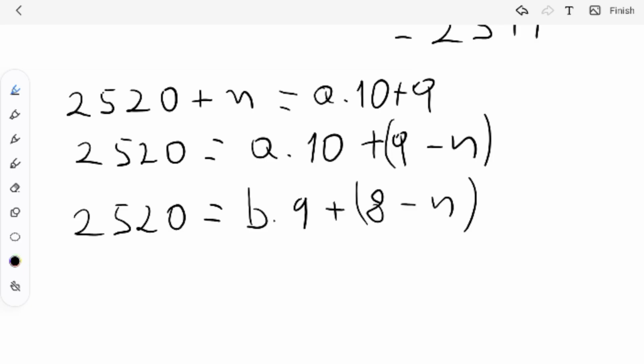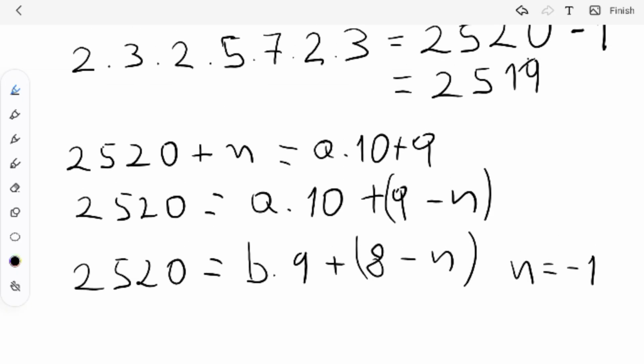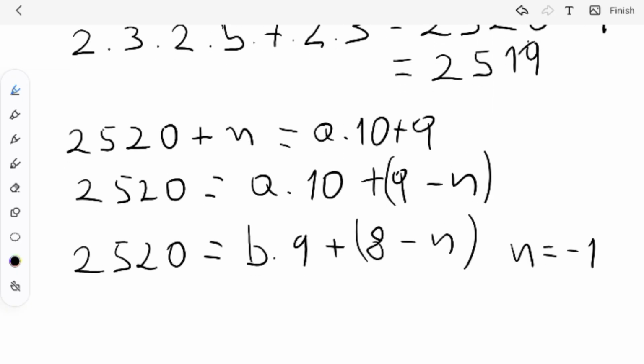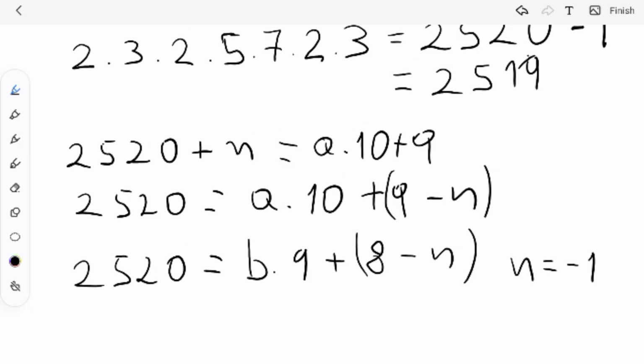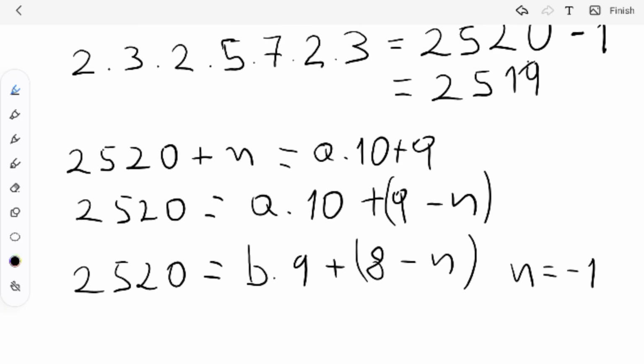The only way to obtain equality, with 9 being a factor on both sides of the equation, is n equal to minus 1. So 8 minus 1 is equal to 9, and then 9 can be a common factor on the right side of the equation.